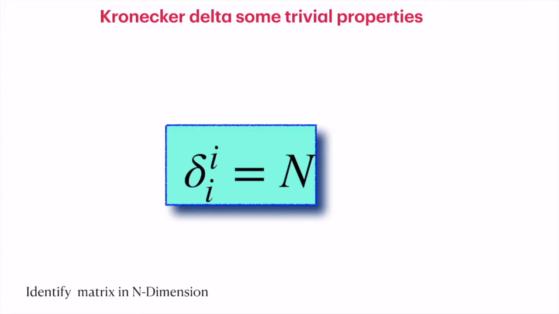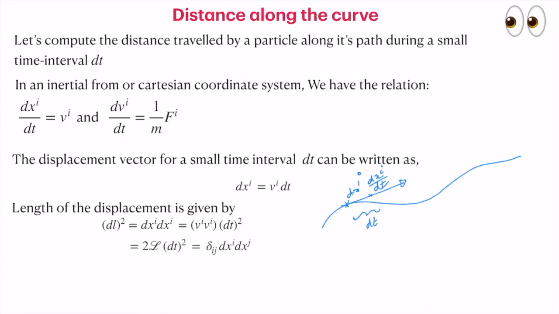So this delta ij basically simplifies the calculation. We have seen that the Dirac delta function, when integrated, simplifies. The same way here, summed over simplifies a lot. It is an important, useful second rank tensor. So let us say that what we are doing here is basically using a delta ij to write the kinetic energy or displacement along the path traveled by a particle in a small interval dt.